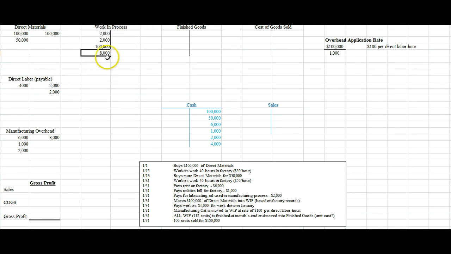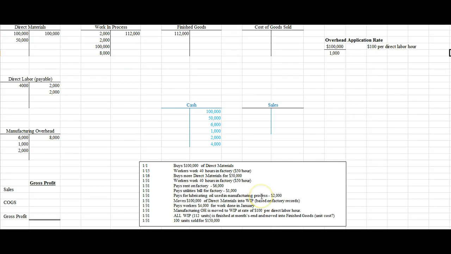So now we have in work in process our labor, direct labor, our materials, direct materials, and our manufacturing overhead. During the month, let's pretend like everything got finished, so all 112 units got done. Let's assume we make 112 dining room tables. So we'll take all $112,000 out of this account, work in process, and move it into finished goods. Once it moves into finished goods, it doesn't accumulate any more costs.